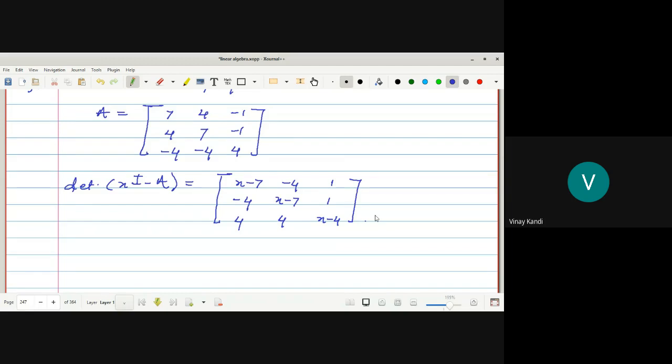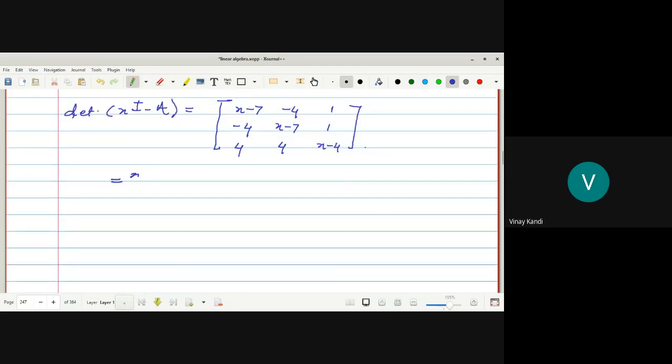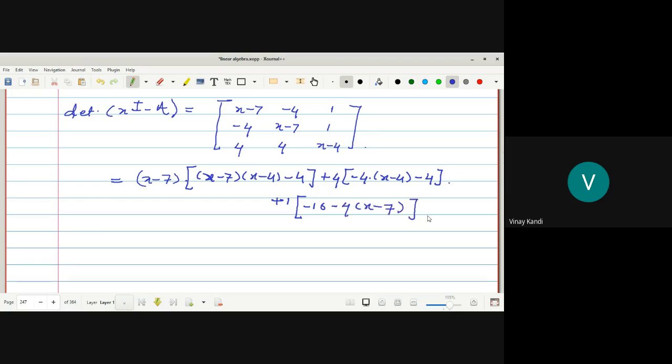Which is equal to (x minus 7) into (x minus 7) into (x minus 4), minus 4 into (x minus 4) minus 4, plus 4, minus 4 into (x minus 4) minus 4 plus 1... 4 fours are 16, so this is minus 16, minus 4 into (x minus 7). Now tell me the eigenvalues, or f of x, the characteristic polynomial.